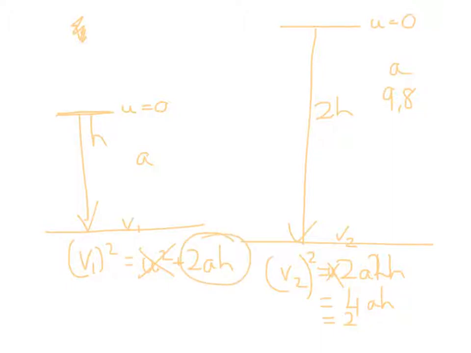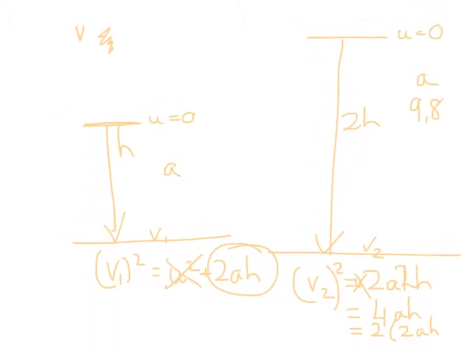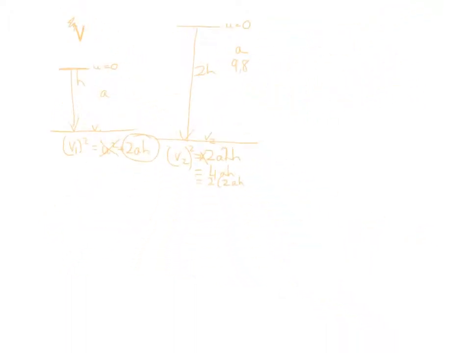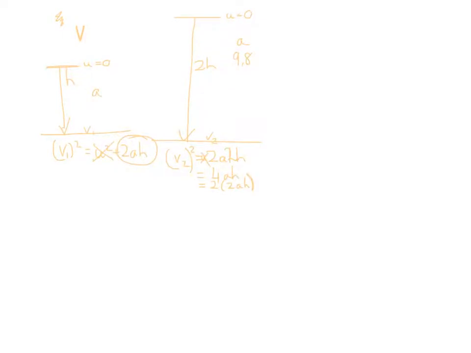This 2ah, it's 2 times 2ah. So v2 squared is equal to twice v1 squared, and we now need to get a relationship between v1 and v2. Because of the squaring function, the square root of 2 is going to be the factor difference. So in other words, the second velocity is going to be the square root of 2 bigger than the first velocity.